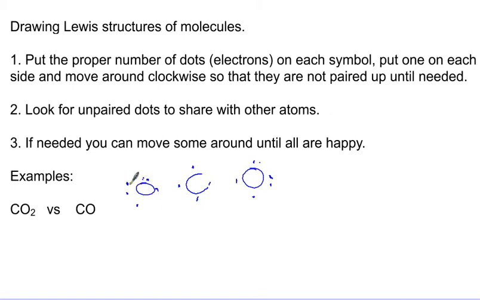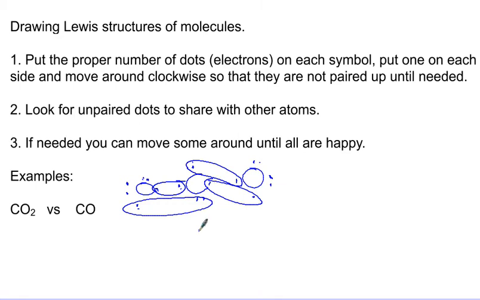Now you can say, how can they share to be happy and get 8? If this carbon shares here with this oxygen and here with this oxygen to make what's called a double bond, then that oxygen is happy because it has 1, 2, 3, 4, 5, 6, 7, 8. And then if it shares with this oxygen here and here, then it's happy with 8 for the carbon, and the same for the oxygen.